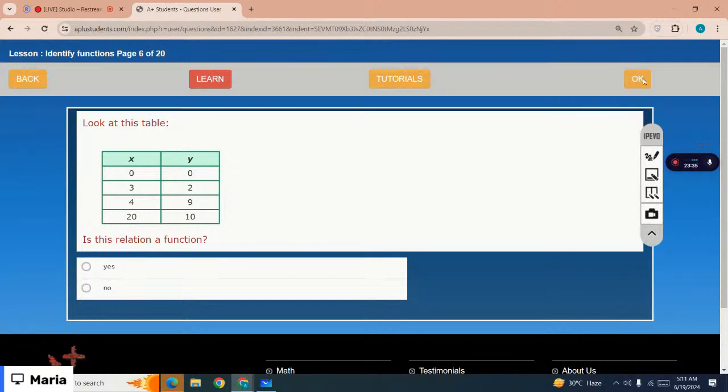The correct option is yes, it is a function. Okay, you can complete the lesson by yourself later today. Let me just move on to the next lesson.